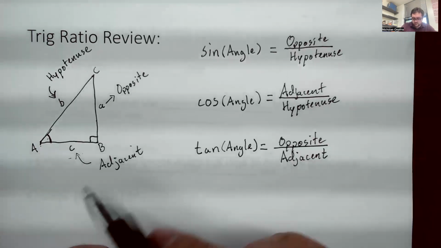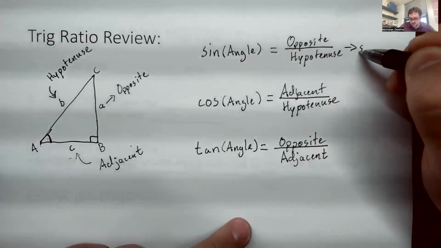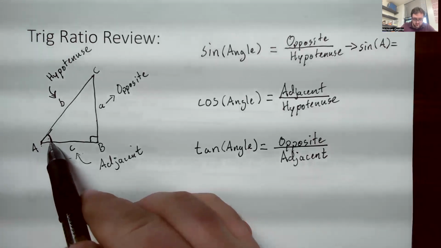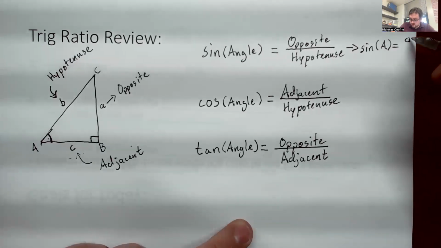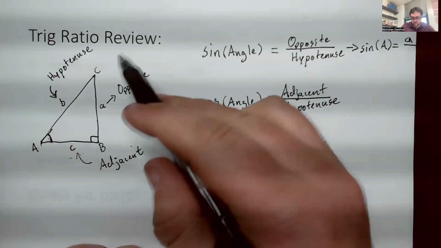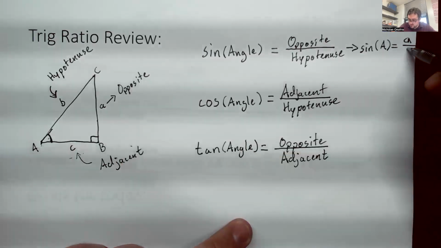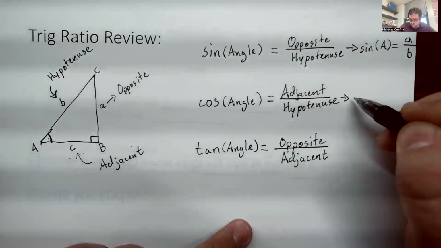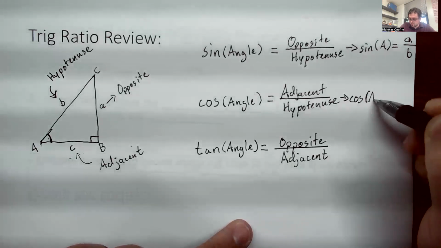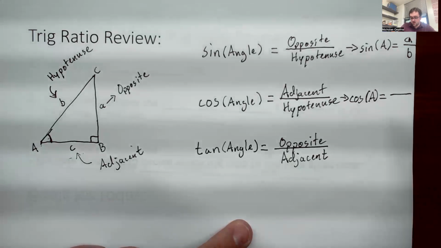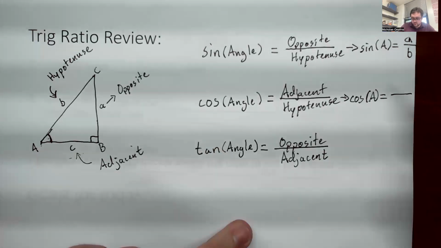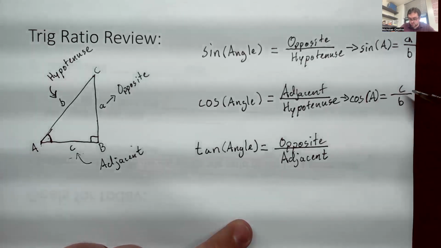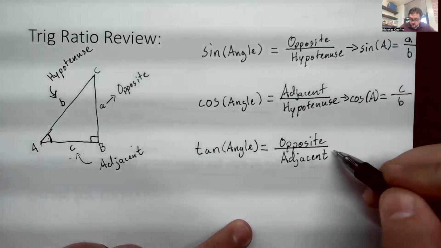If we looked at our diagram, we could fill these in, saying something like sine of A is equal to, our opposite side of angle A is little a, over the hypotenuse, which is B. Sine of A equals A over B. For cosine, our equation would be cosine of A equals our adjacent side, which would be C, and our hypotenuse would be B. Cosine of A equals C over B. And then our final one, tangent.